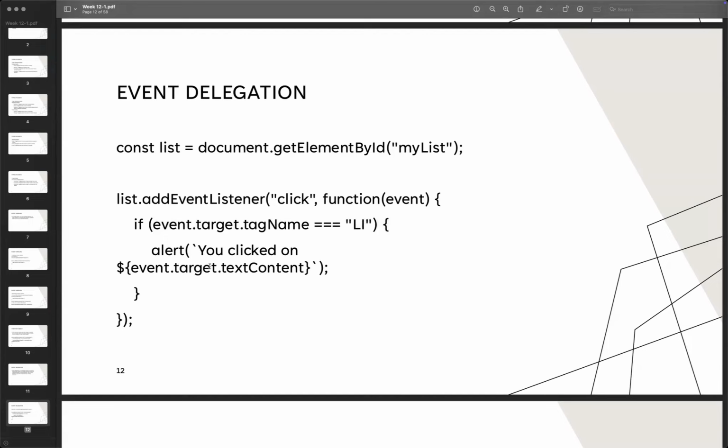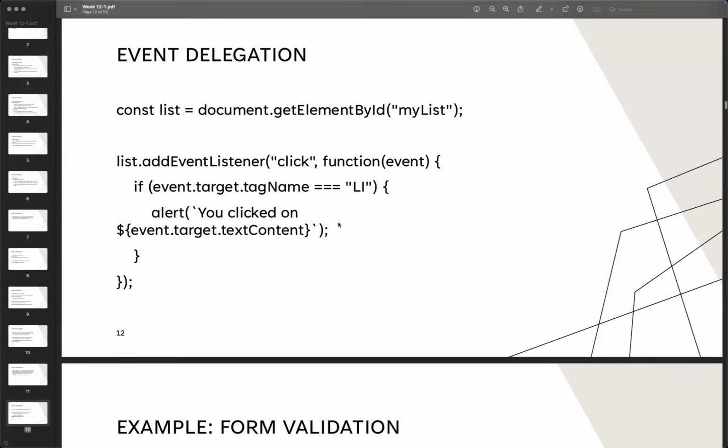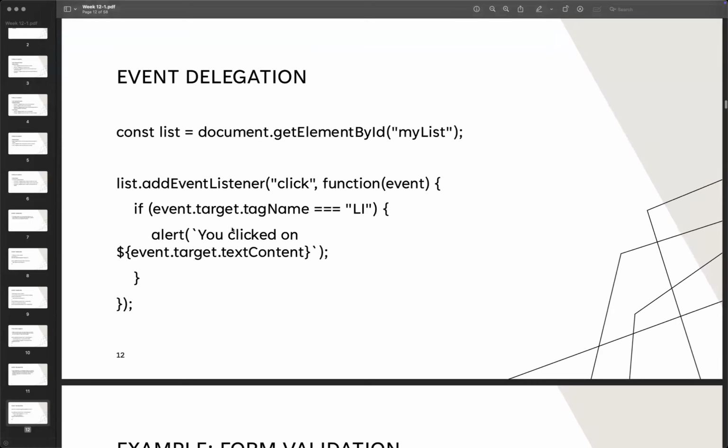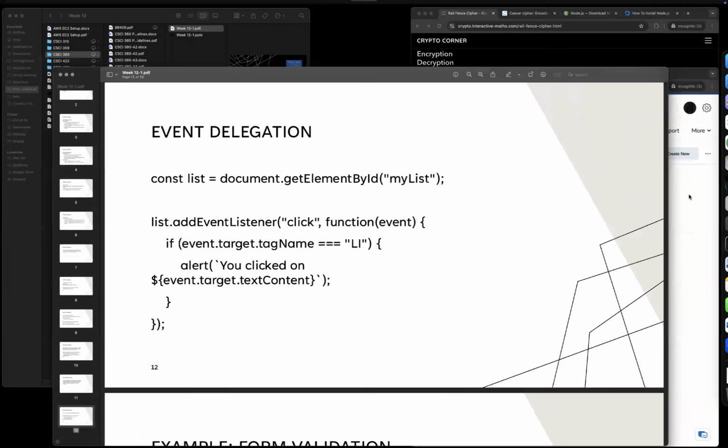Then I'll let you click on this one, and we check what text content you clicked on. So here's the delegate. We pass it and match it. You may use a switch or an if condition. That's what we're going to cover later too. With all this, you can create just one event listener, but handle all the different types.